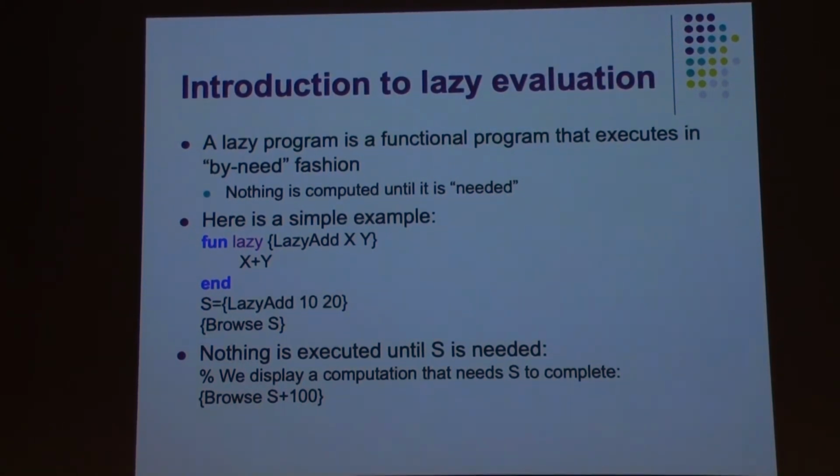When I call this function, nothing is done. Well, actually, internal to the system, it sets up something called a lazy suspension, but the computation is not done. I have to show you how this works.